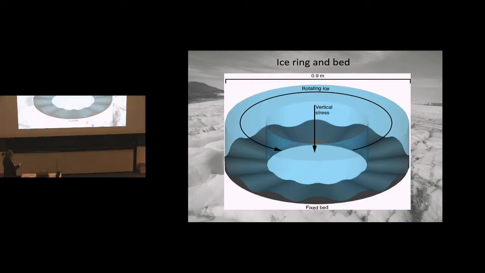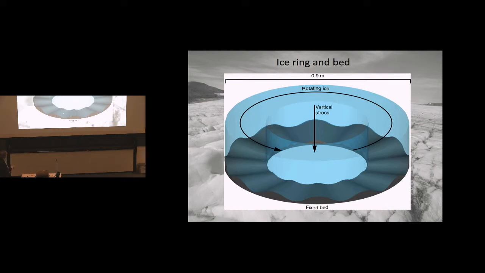This is the ice ring that we just showed schematically, and this is the first bed that Luke and I worked with, which is a sinusoidal bed that is torqued a little bit to accommodate this radial geometry. We used a sinusoid because theoreticians subsequent to Weertman had used a sinusoid.